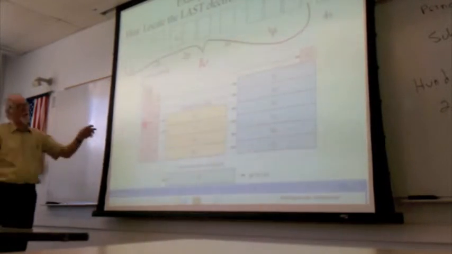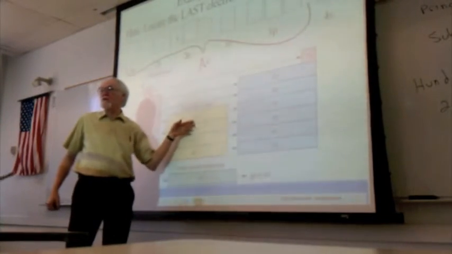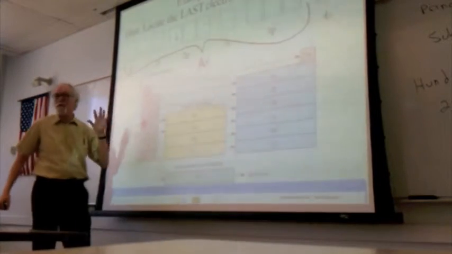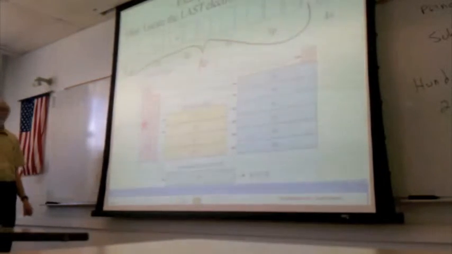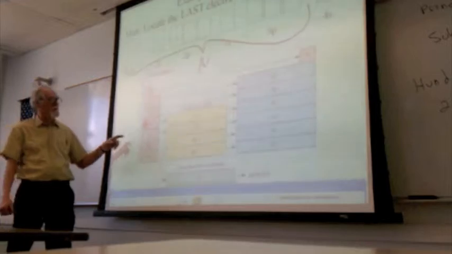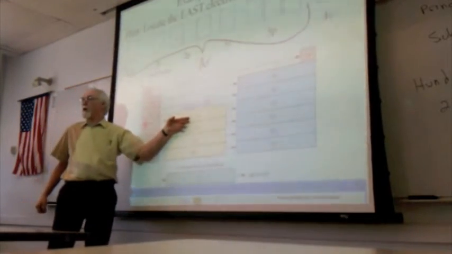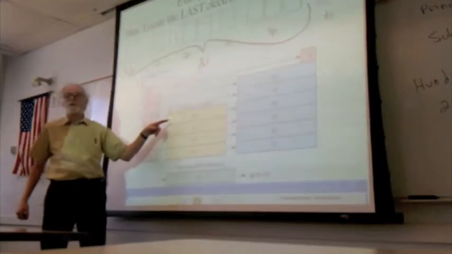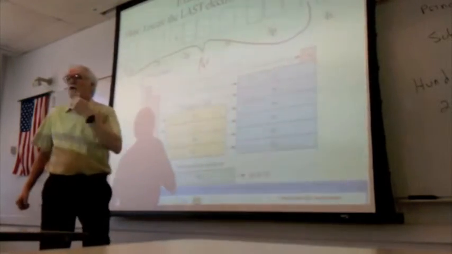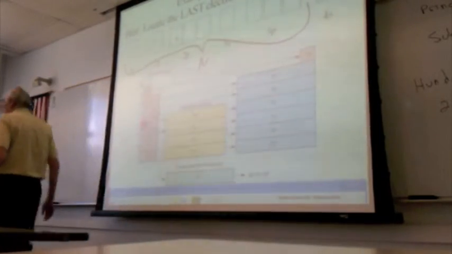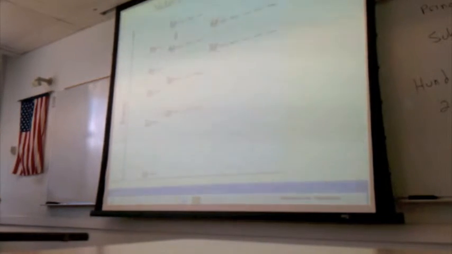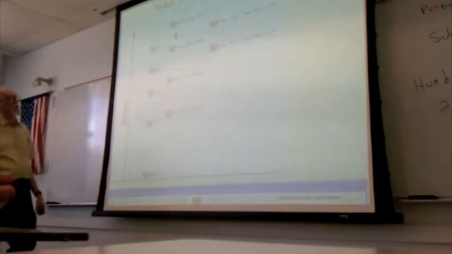Now, let's talk about transition metals. They're a little bit tricky. You've got to be careful, because remember, the d is one shell lower. We go from 4s to 3d. So we're going to do nickel, 28 electrons.